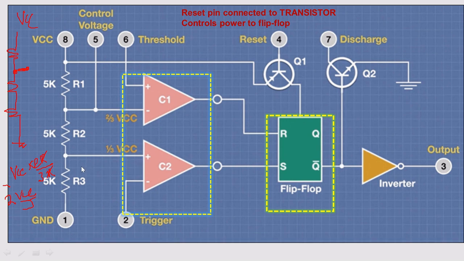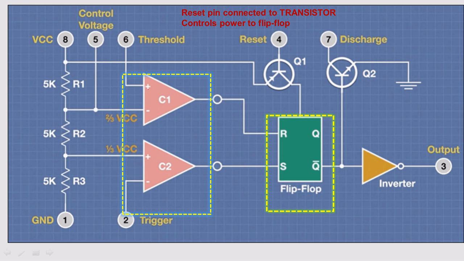I hope you understood. We'll go to the next part of the circuit. See now, very important concept. The positive terminal is connected to threshold and the negative terminal is connected to the trigger, right? Already I said the comparator will compare these two voltages. If it is greater, 1 will come. If it is lesser, you will get a 0.